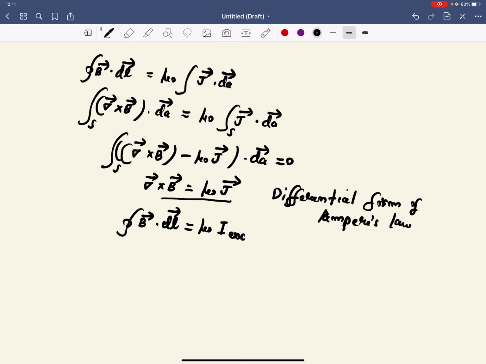Okay, so we can use this expression, Ampere's law, to find the magnetic field for a current carrying wire. For simple symmetries, this is going to be very useful. You can estimate the magnetic field without going into the Biot-Savart law, if you have a simple symmetry like a current carrying wire. Okay.